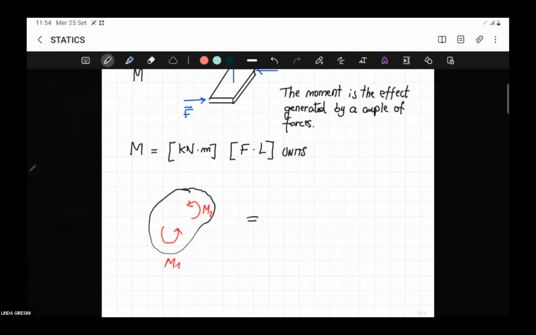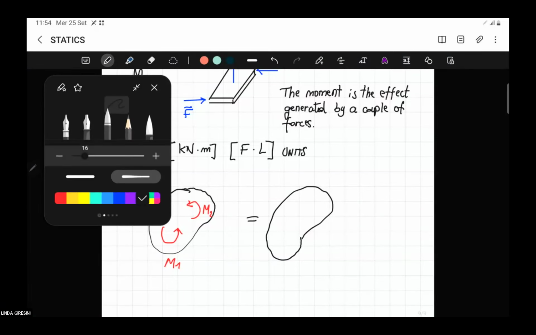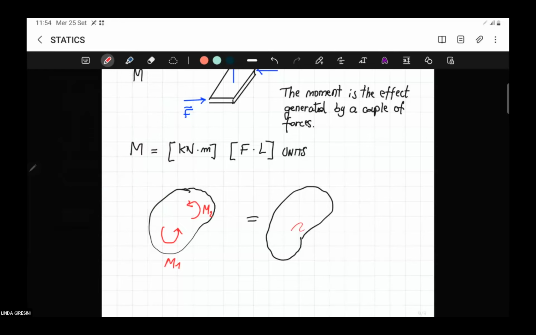For the same body, it is absolutely equivalent to consider that M is equal to M1 plus M2. So you can substitute two moments applied on the same body with the sum of these two moments. So it's irrelevant from the point itself.